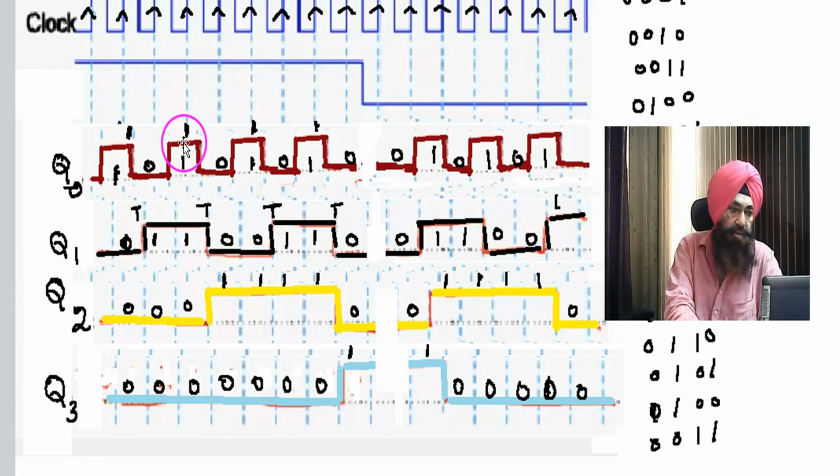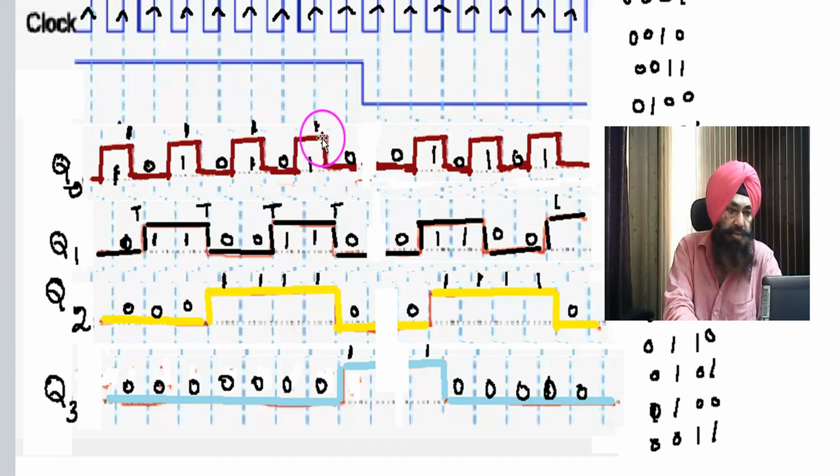Looking here, 1 is here, 1 is here, 1 and 1, clock is here, clock 1, 1. So this is high, this one is high, clock is here, there's certain delay. So this is also high, so it toggles.